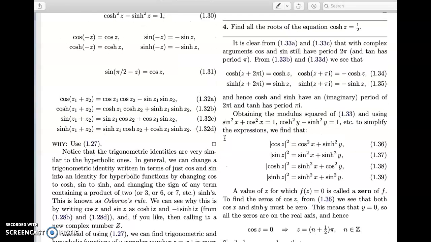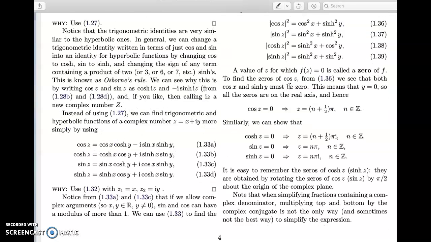Now, you might not have heard that in fact the hyperbolic functions are also periodic. They're periodic with imaginary period. So cosh of z plus 2 pi i is equal to cosh z, and sinh of z plus 2 pi i is sinh z. So they have period 2 pi i. Again, this is easy to see from here.